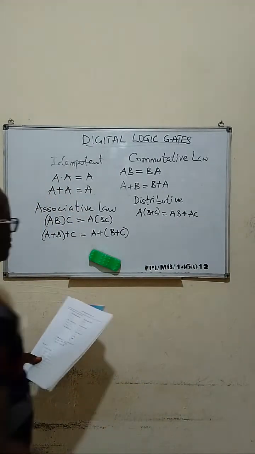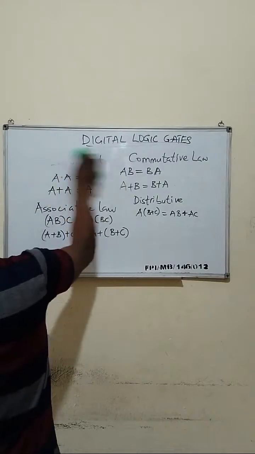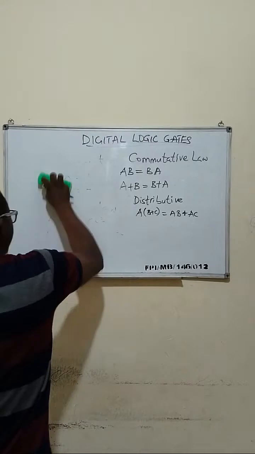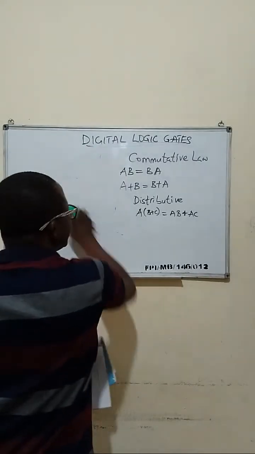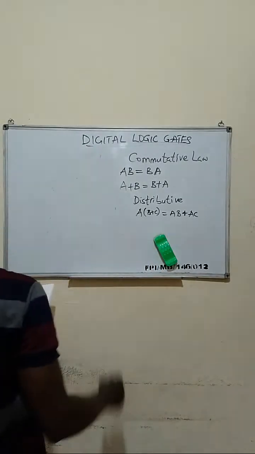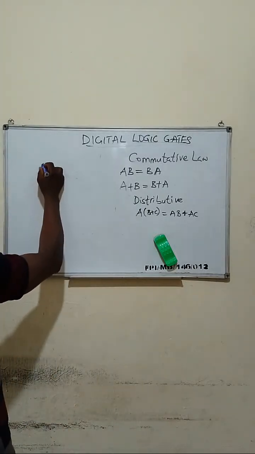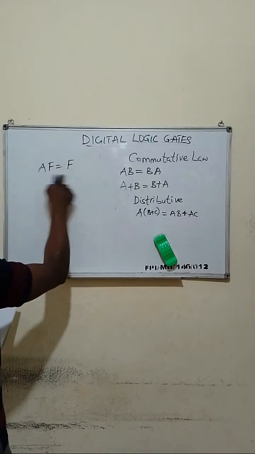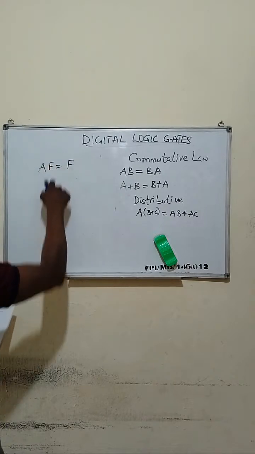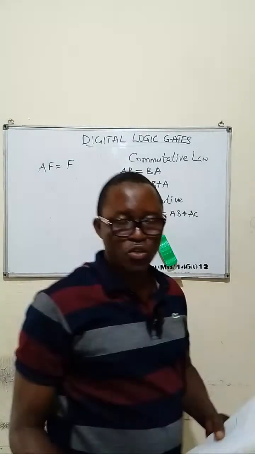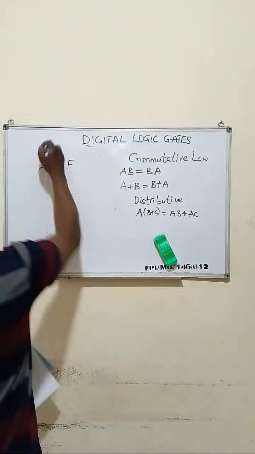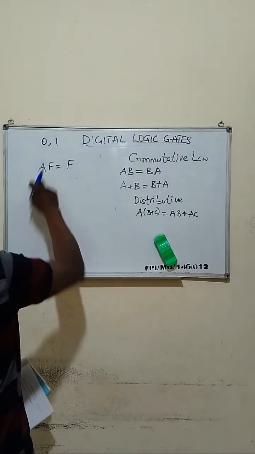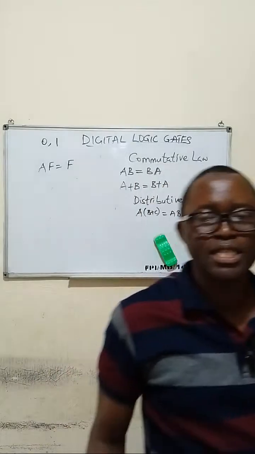Alright, then we have the identity laws. Identity laws, we have, if you check the notes, we have AF equals F. What does that mean? F here is standing for logic 0. Don't forget, we have two logic states, 0 and 1. So F here is false, that is logic 0.